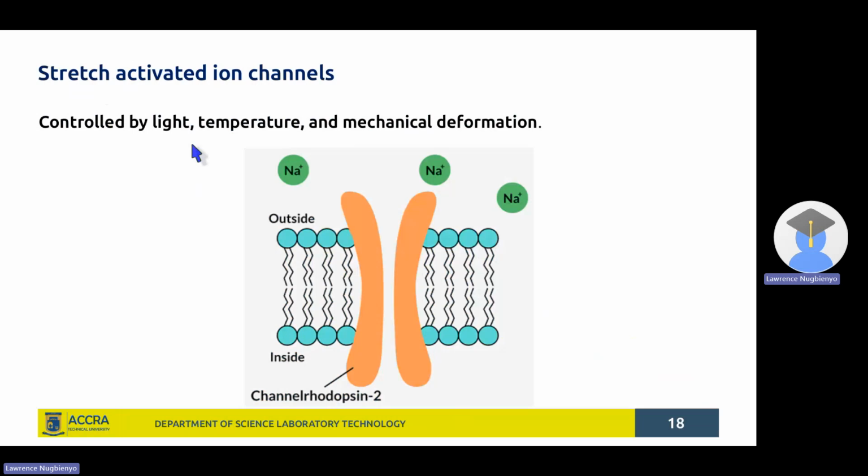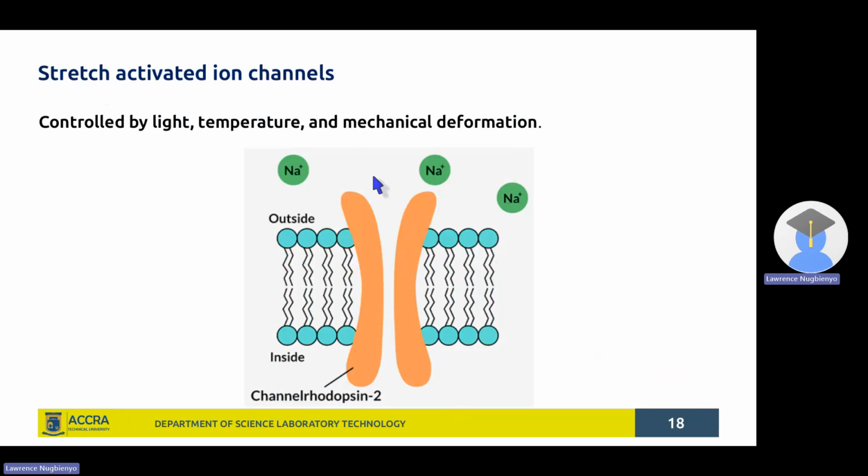So you see, you can have light, temperature, and then some mechanical deformation, which can result in some specific biochemical responses. So, for instance, you have these rod-like cells, which you find in the retina of the eye, which respond to say light.